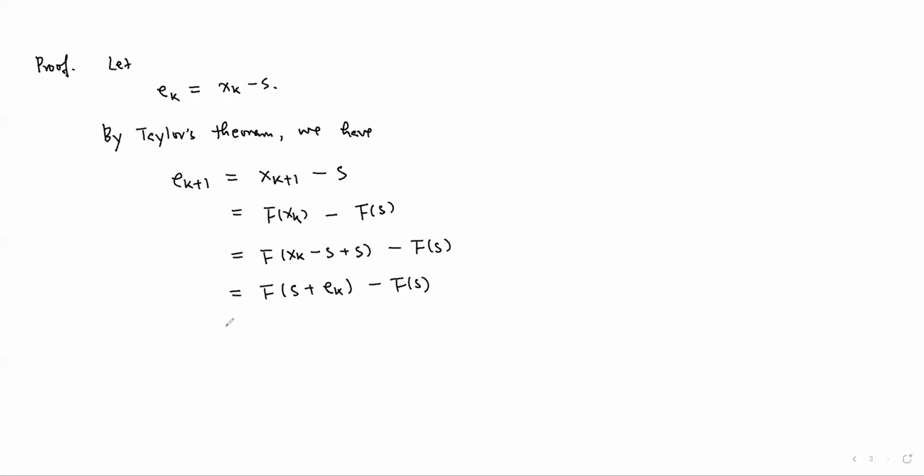Now I expand the first term by Taylor's theorem. The first term is f of s plus 1 over 1 factorial f derivative at s times ek, then plus 1 over 2 factorial second derivative at s times ek squared, and so on.